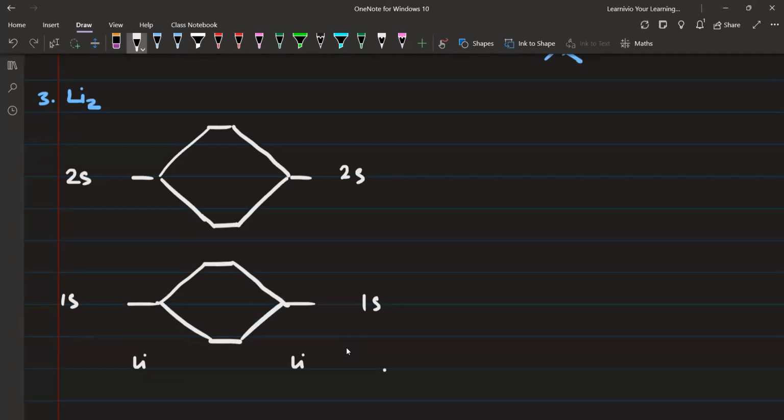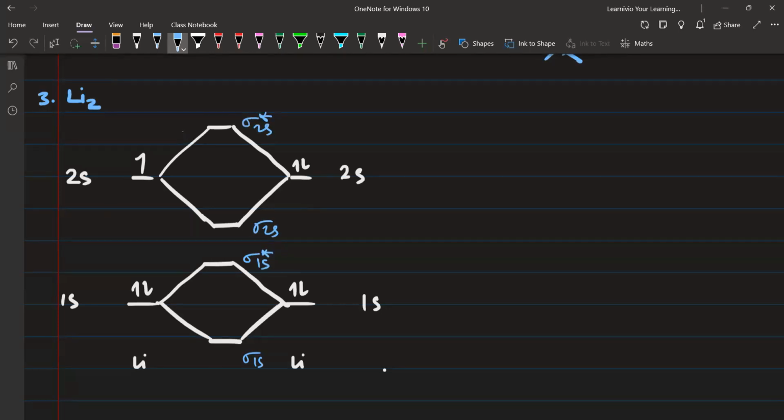Now in sigma, this will be like this: sigma 1s, sigma star 1s, sigma 2s, sigma star 2s.